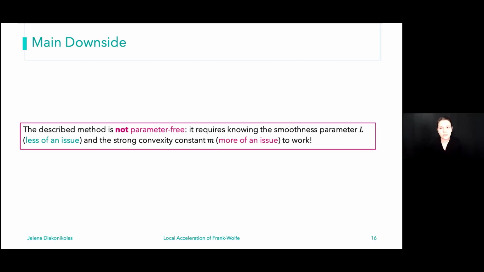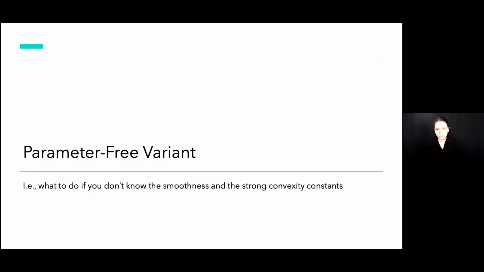Strong convexity is more of an issue. It is harder to estimate, and so what do you do? If you get the wrong strong convexity constant, you're going to get a much slower method. So what we did next was come up with a variant that does not require this knowledge.